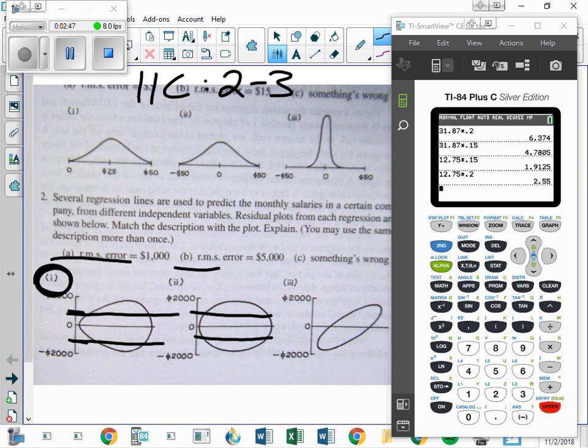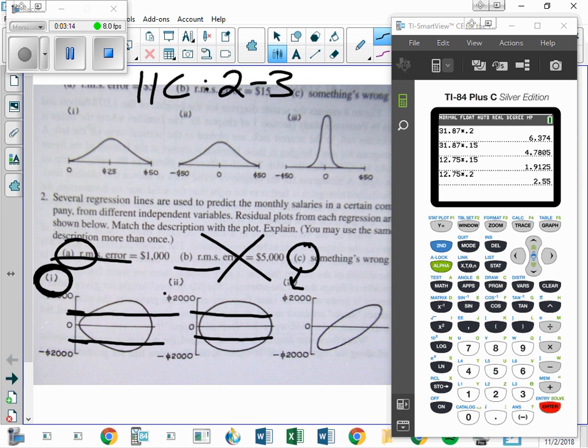And then 3, something's definitely wrong with 3. So what the back of the book is saying is A goes to 1 and 2, and then C goes with 3, and 5,000 is never used. Well, she just read it wrong. Okay, does everybody understand that?